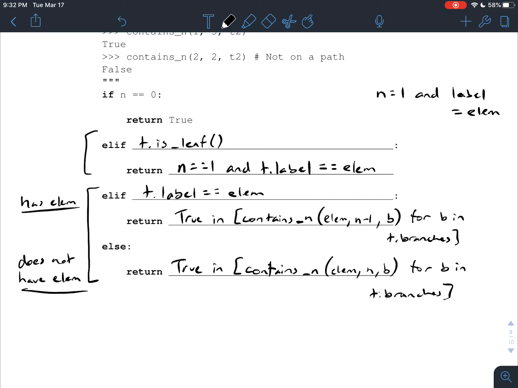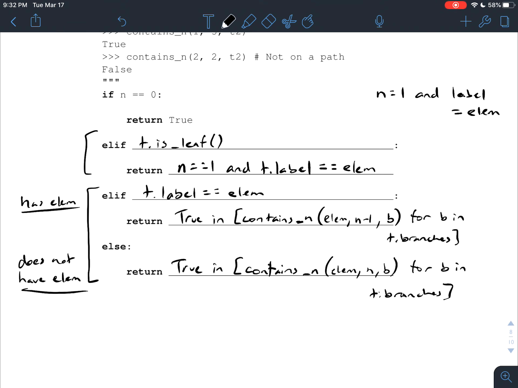So the key thing to take away from this problem is that this really involves, once again, the recursive leap of faith. Try to understand that it doesn't matter what comes out of the recursive calls, but let's just assume that we do recursive calls on all the branches and they come up with random answers. How should these answers interact?